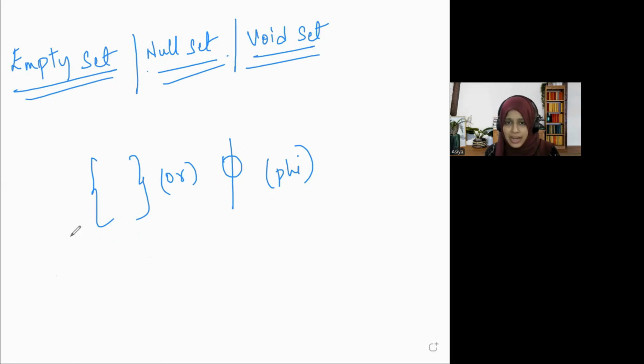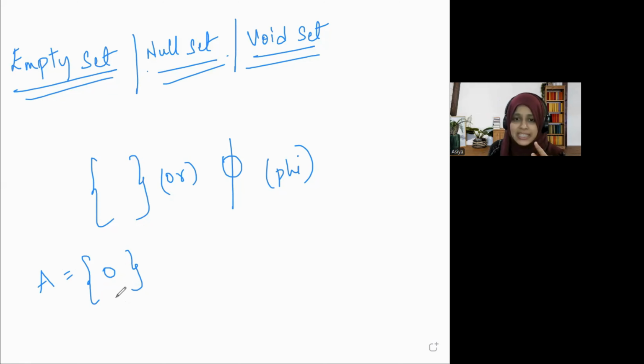Okay, now I have a question. I am writing a set in my roster form, and it contains 0. Now, what do you think this is? Is this an empty set? Yes or no? What did we discuss just now? There should be no elements in my set, then only it is called an empty set.